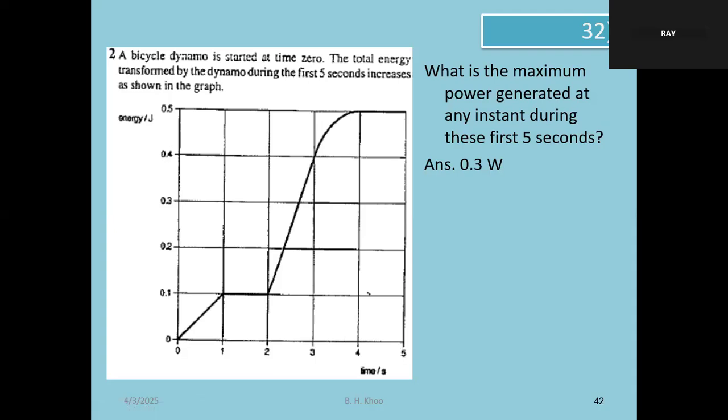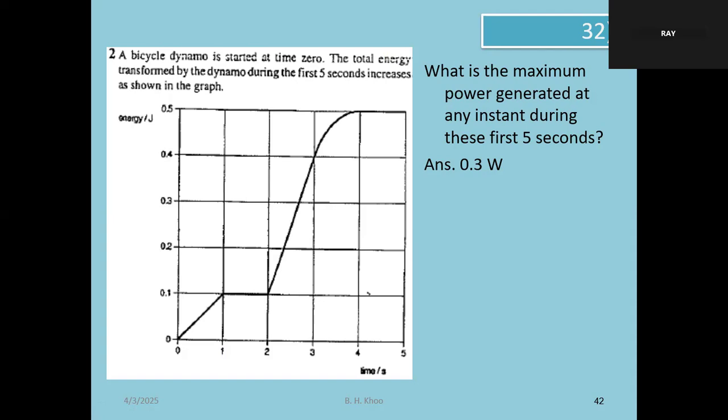See whether you can get 0.3 watt or not. Wait, so what's the formula for power again?